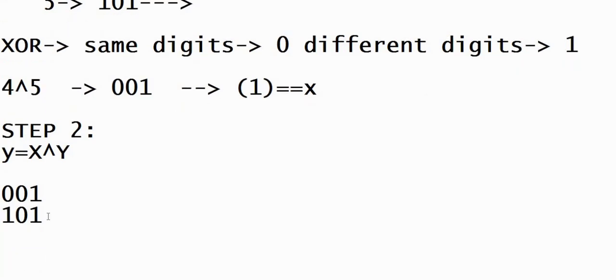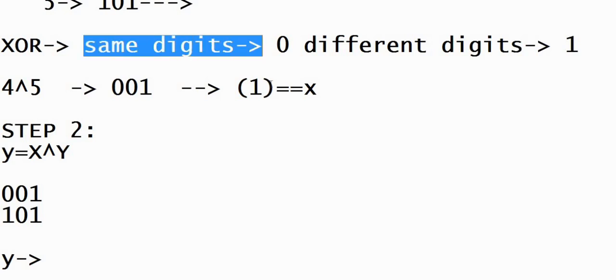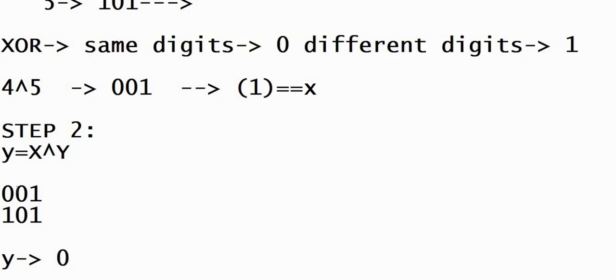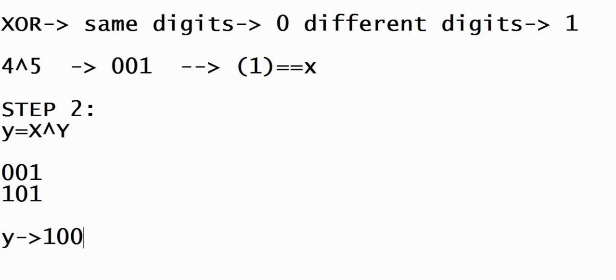On XORing these, y holds the value 100: the first digits differ so 1, the next two pairs are the same so 0 and 0. This 100 is the binary representation of 4, so now y holds the value 4.